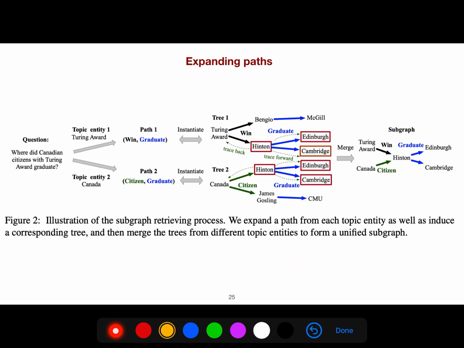For example, here we say Turing Award, so it's Wien and graduate. Another entity is Canada, so it's a different path. So path 1 is Wien and graduate. Path 2 could be citizen and graduate. So we enumerate all of them, and then this is their subgraph after merging them.